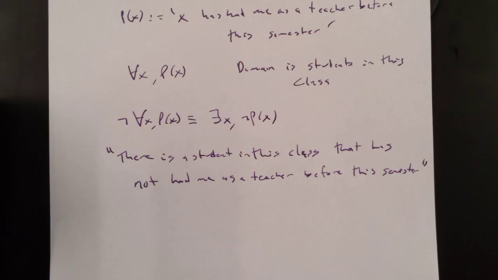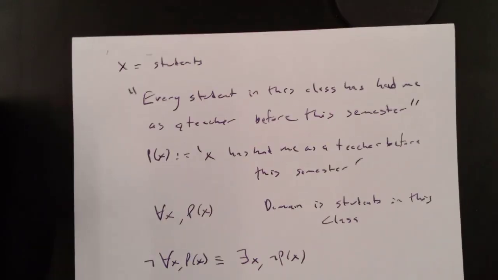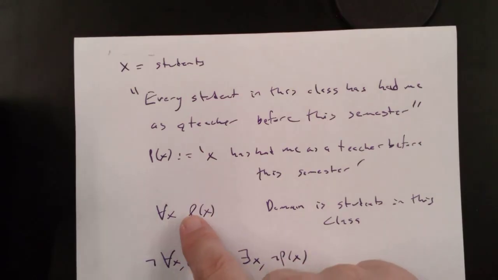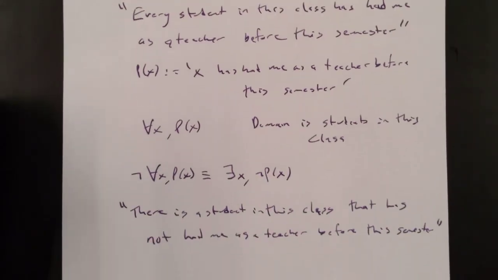C of x is a student in this class. And then I could say for all x, C of x and P of x. Then the negation would be there's an x, not (C of x and P of x). Well, that not becomes an or, doesn't it? So they're either not in this class or they haven't had me before.